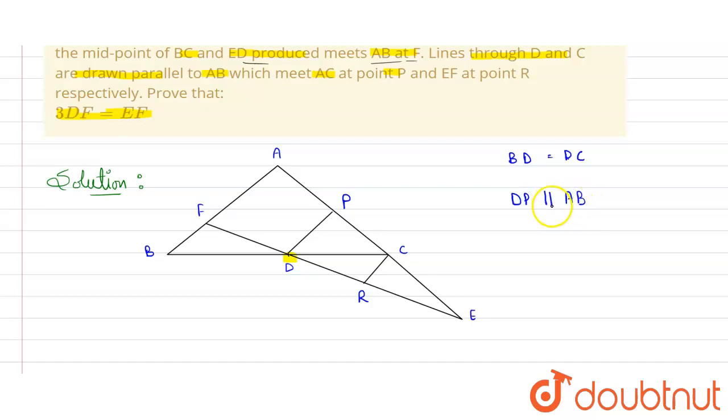So we know a theorem, the midpoint theorem, which has two requirements. If a line is joining the midpoints of two sides of a triangle, and it is parallel to the third side of the triangle, yes, DP is parallel to AB, it is given, then point P has to be the midpoint of AC.